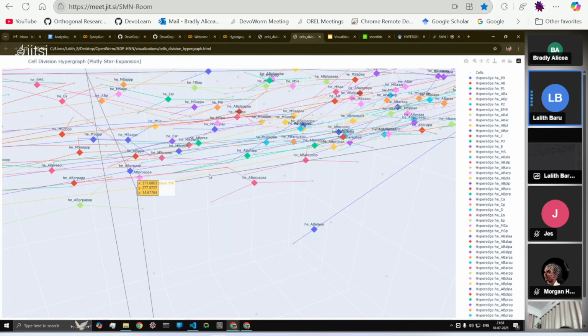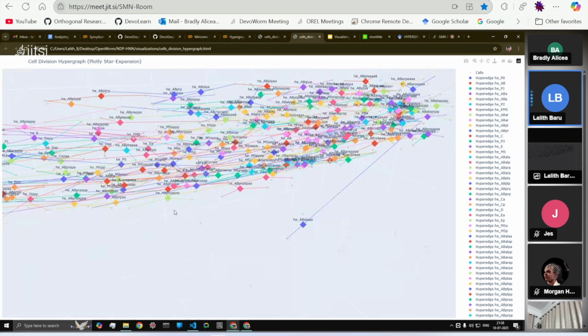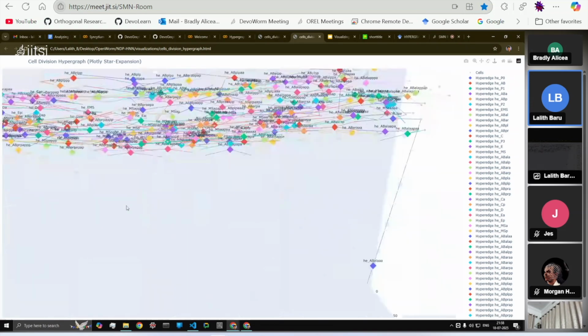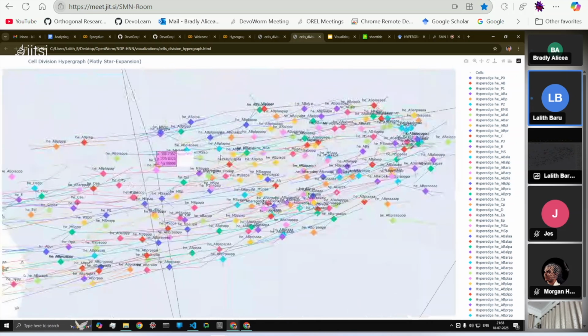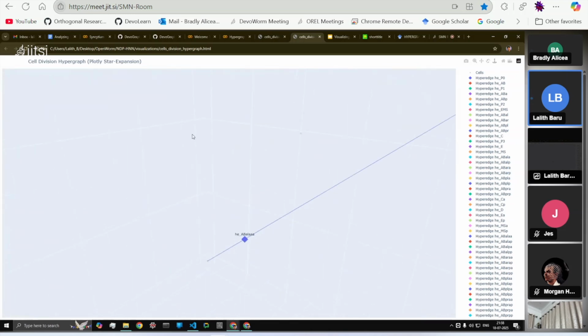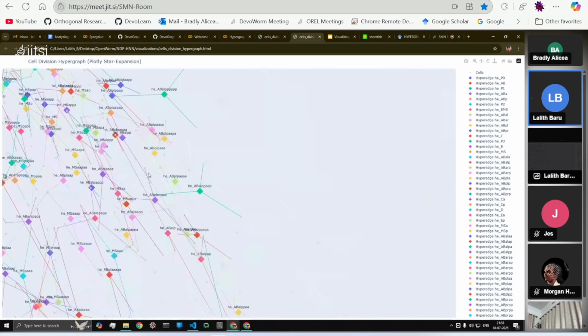Like that, we were able to get the entire sequence data. This is very cluttered and quite not intuitive. We have to zoom in a lot and see where exactly the locations are. And this is quite cluttered.